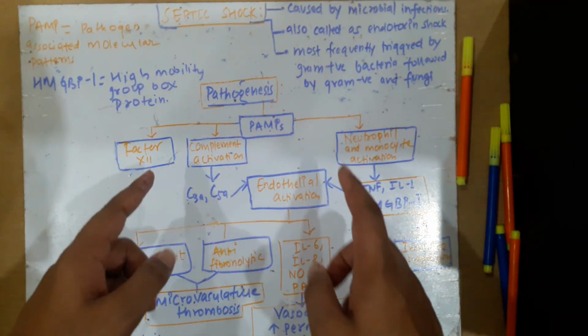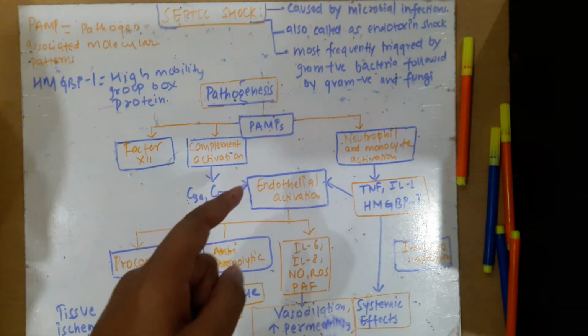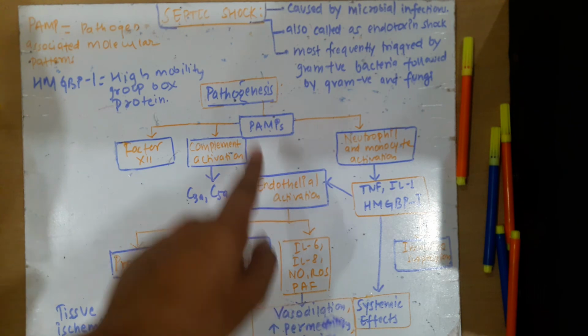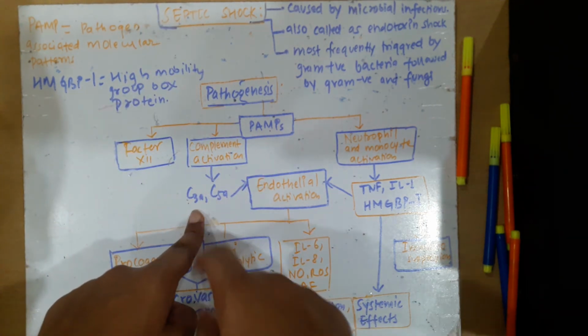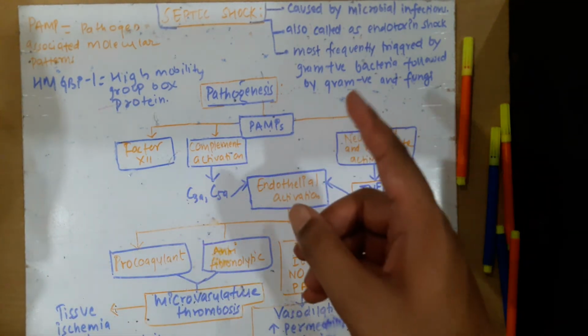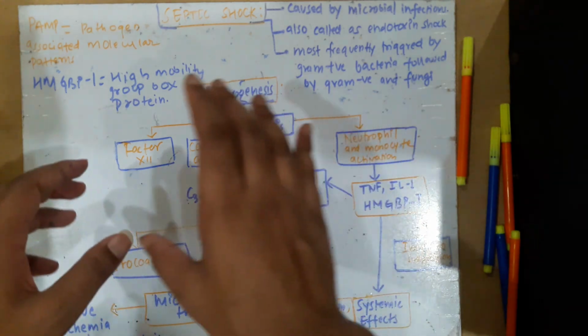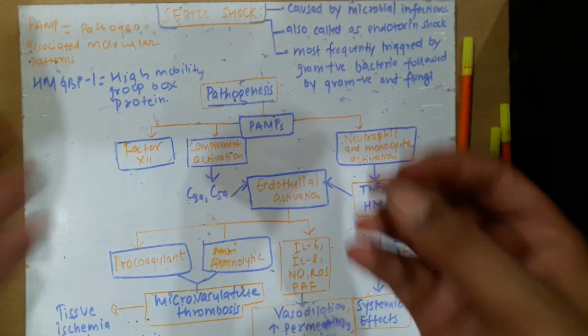PAMPs cause immune cell activation, which releases mediators causing endothelial activation, also activating complement that produces anaphylatoxins like C3a and C5a, which also result in endothelial activation. Also it activates factor 12, which is involved in coagulation.